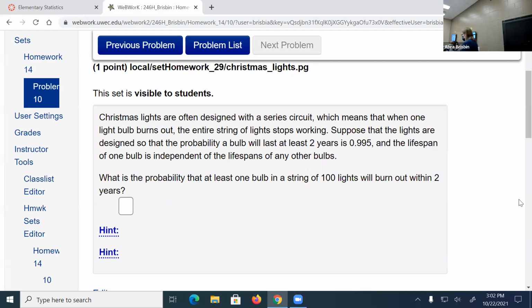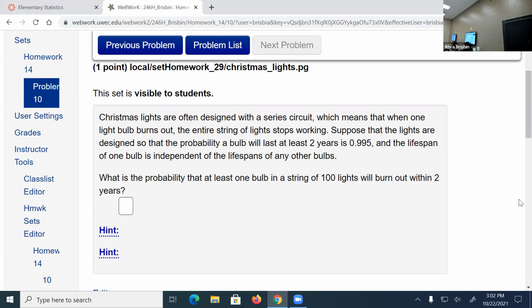So let's let X be the number that burn out. So we're looking for the probability that X is at least 1.